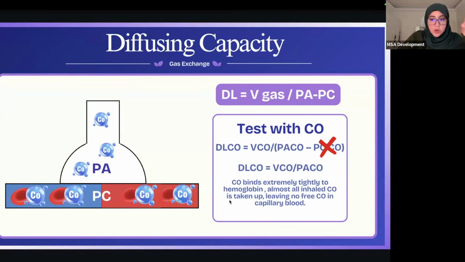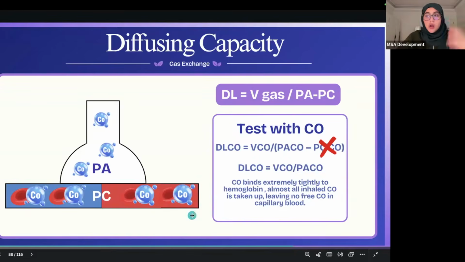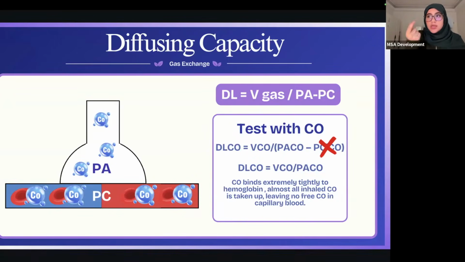So it's really great to test diffusion capacity, because if the carbon monoxide level in the blood is not the same amount that you inhaled, then there's an issue somewhere, whether in the alveoli or maybe in an obstructive pathway in your respiratory system. It's a really good measure of diffusing capacity. Just remember that. Okay.